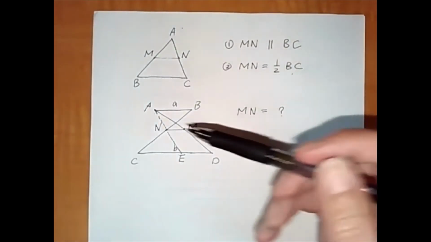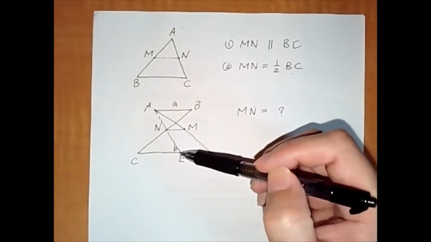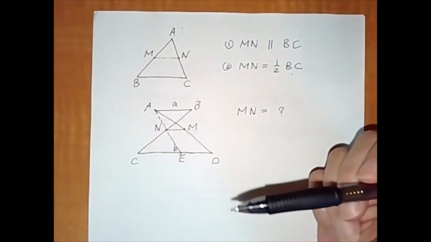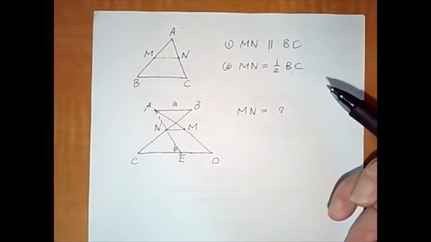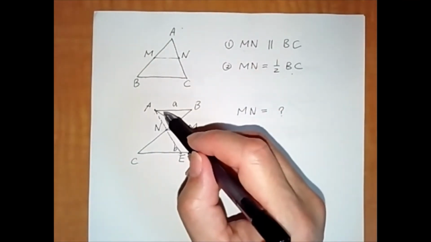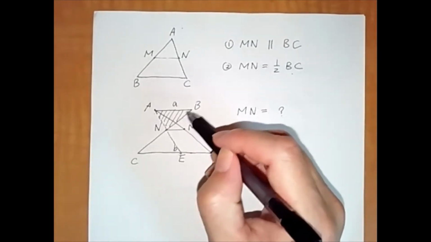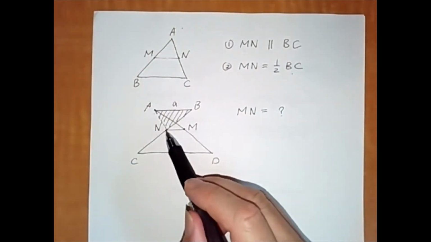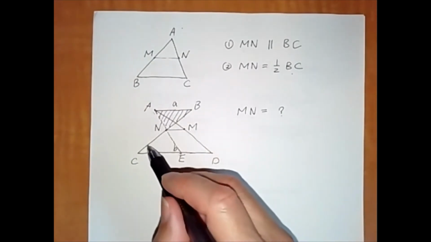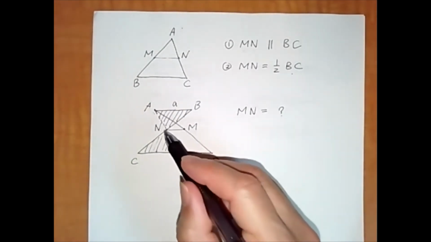So the question is, can we prove N is the midpoint of AE? This can be done by showing a congruence of two triangles, NAB and NEC.